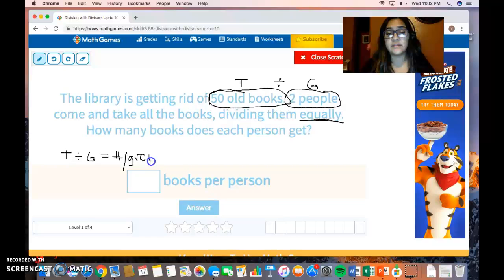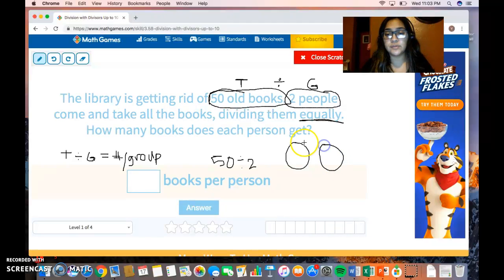So in this case, I would have 50 books divided by 2, because I'm dividing it by 2 people. And since I know this in my head, I already know the answer, but you guys are going to draw out your groups.